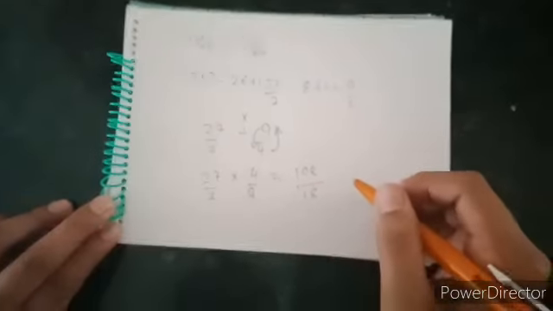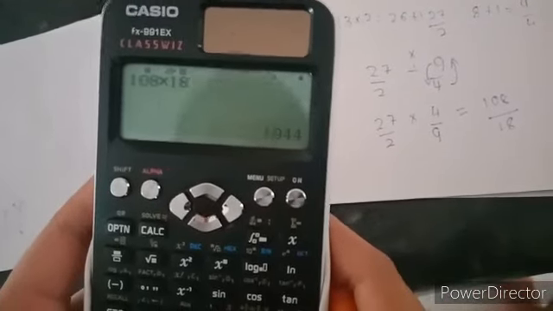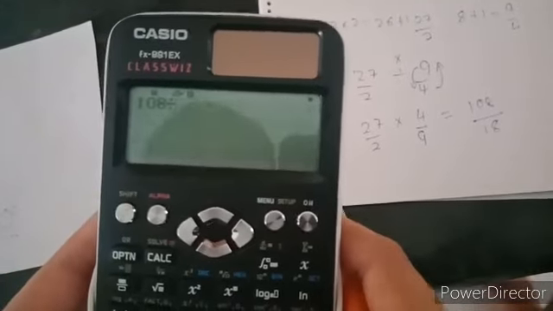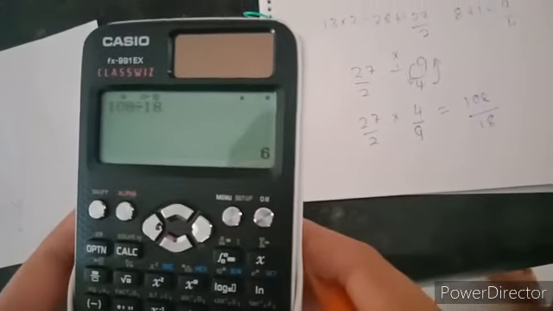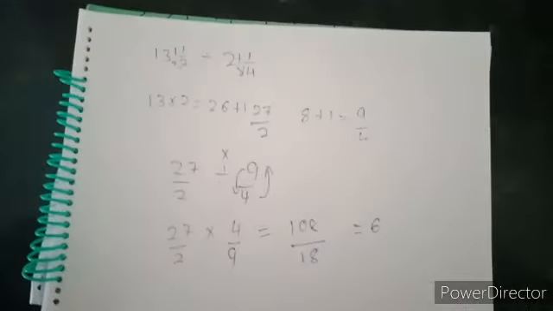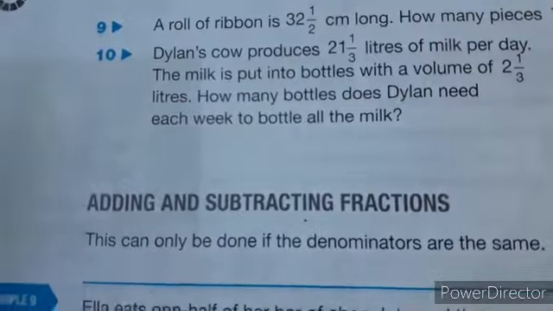If you further divide it, you will get your answer as 6. That is a fixed figure we've got. Usually we also tend to get decimal places, and later on in the video we'll teach you how to round them off. Okay. So now we'll move on to a more complicated question, which is question number 10.